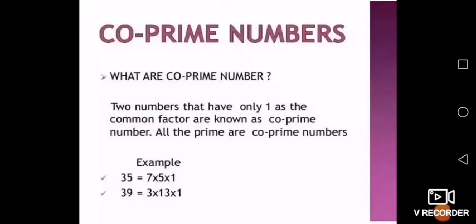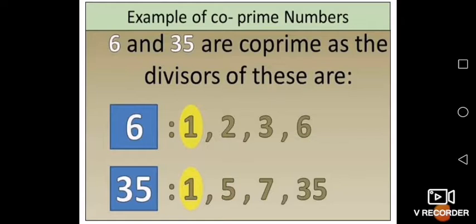Now let's see one more example of this. Now 6 and 35. As you can see, the factors of 6 are 1, 2, 3 and 6 itself. Similarly, the factors of 35 are 1, 5, 7 and 35 itself.